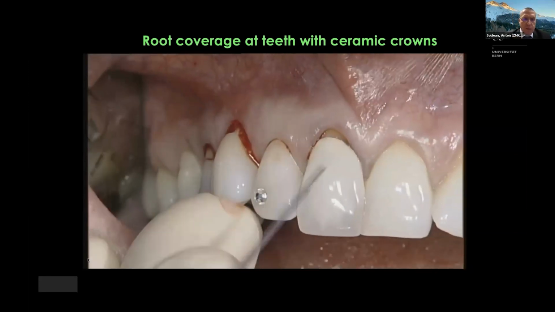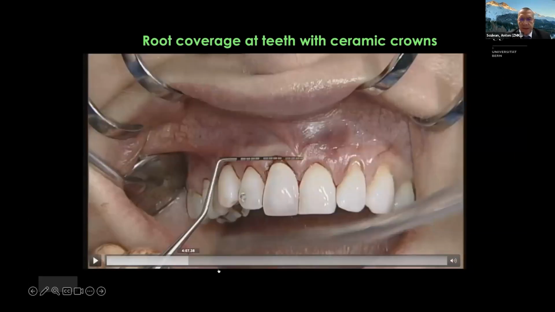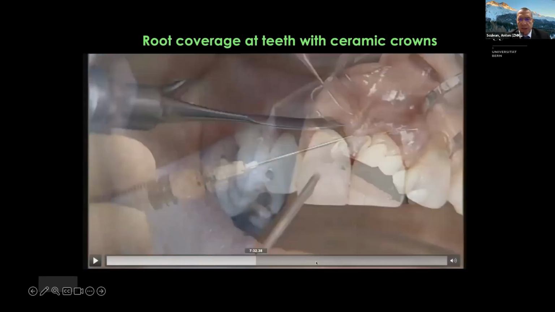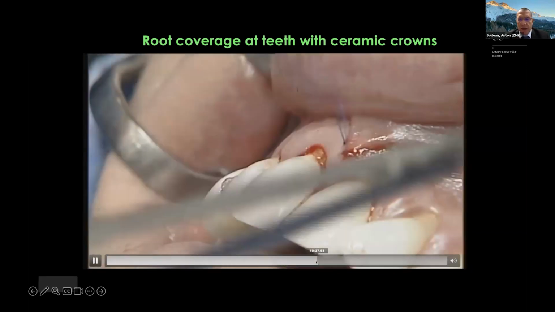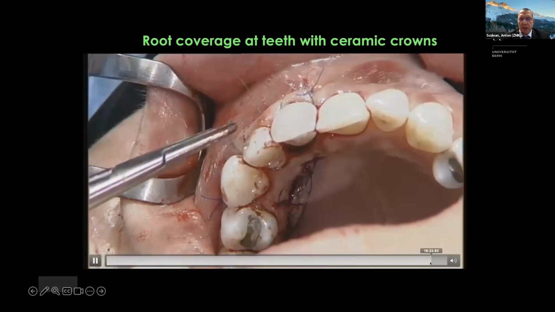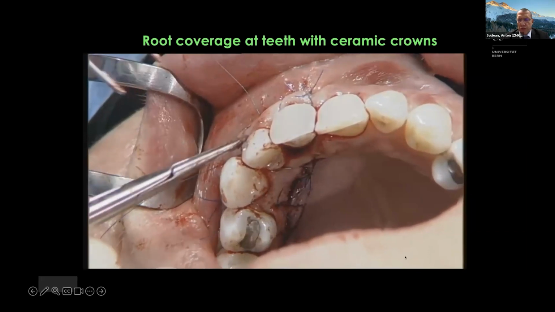And then what we do here is to prepare a tunnel. You see it here. I just go a little bit faster and then make sure that I can insert here a connective tissue graft, pull it down, and move everything coronally with so-called sling sutures.